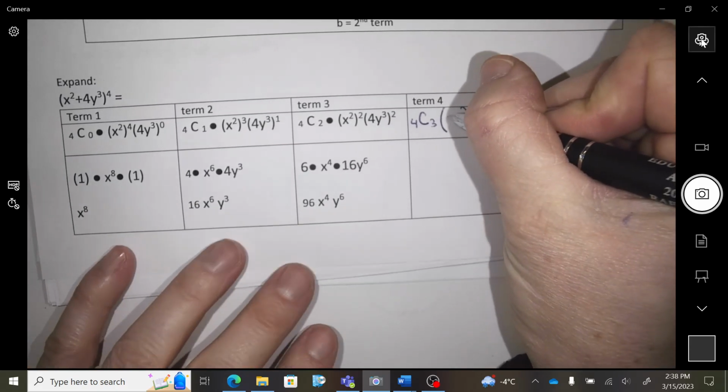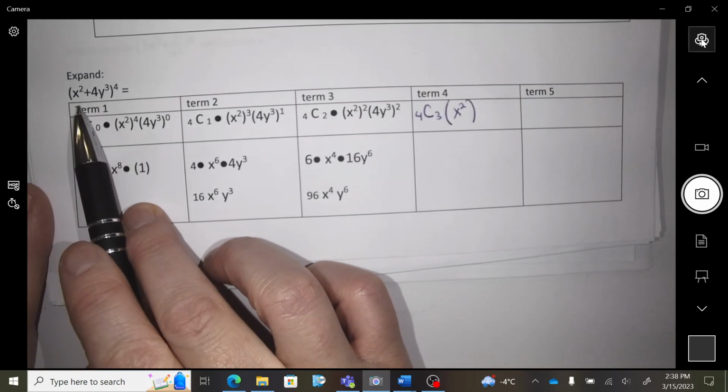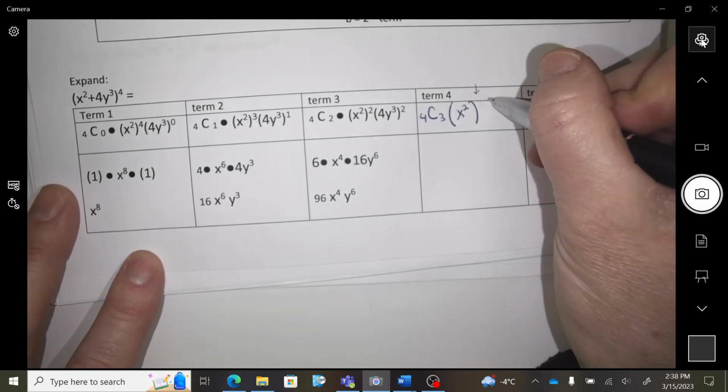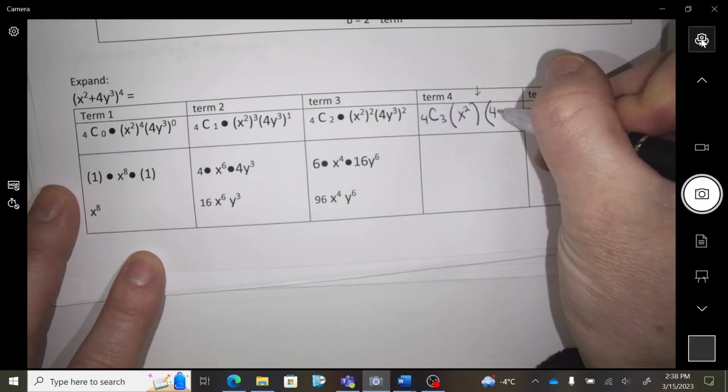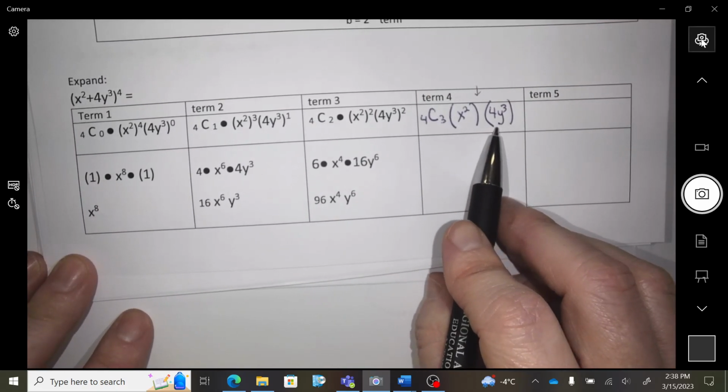Bracket the first thing, which is x squared, the first unit. I have to put an exponent in, but we'll do it later. Bracket the second unit, 4x cubed or 4y cubed.